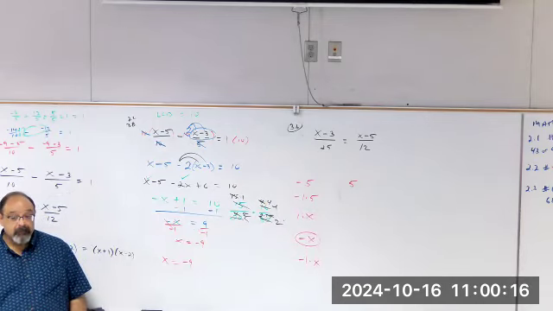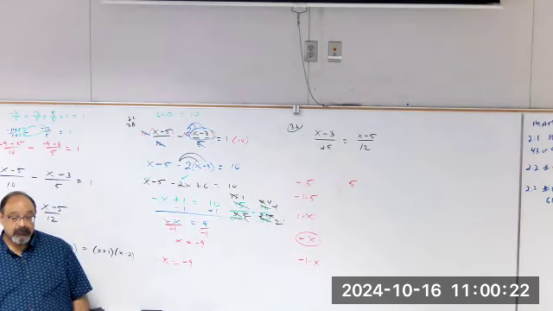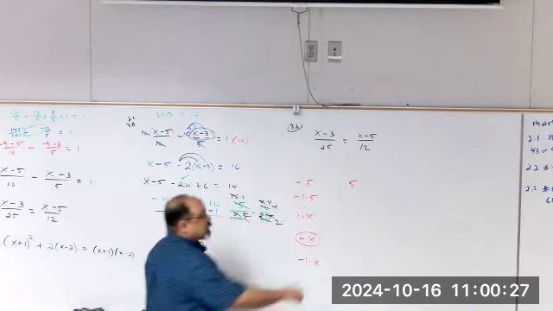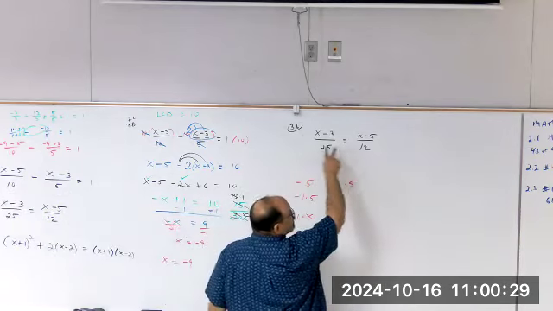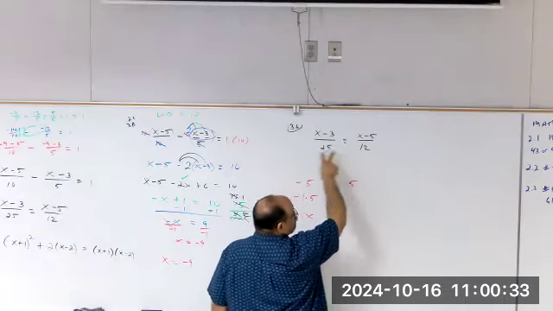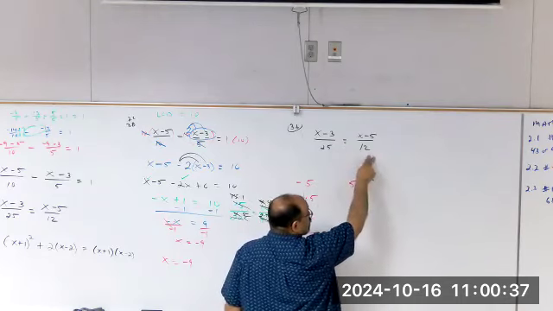Plus, cross multiply means you go across something, like an equal sign. And that's what you have to do. Cross multiply means you have a proportion. A proportion is one ratio equal to another ratio. A fraction equal to a fraction. That's when you do cross multiply.